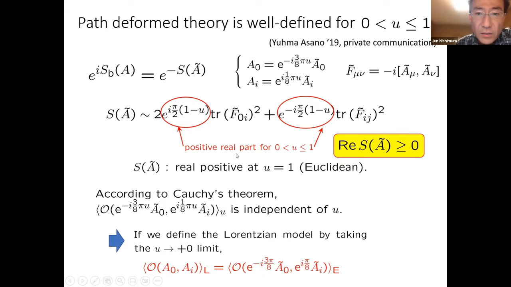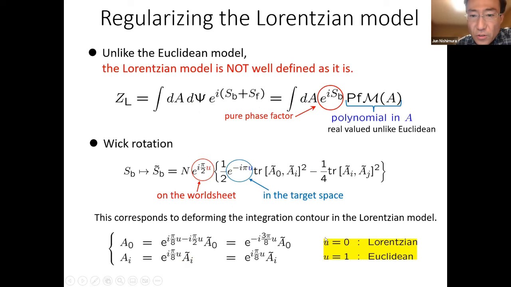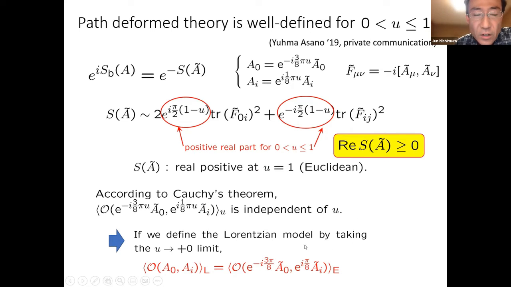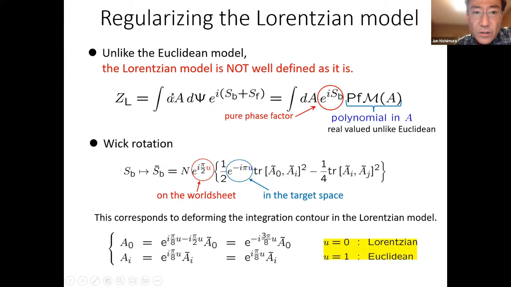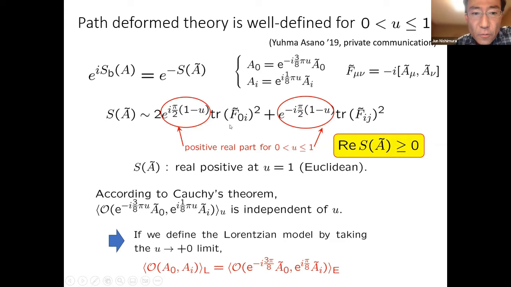So when you deform the path integration contour from u equals 0 to u equals 1, you always have the action bounded below. In this way, you can regularize this path integral by the contour deformation.